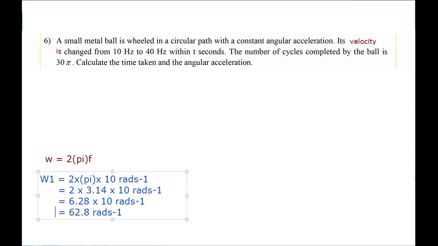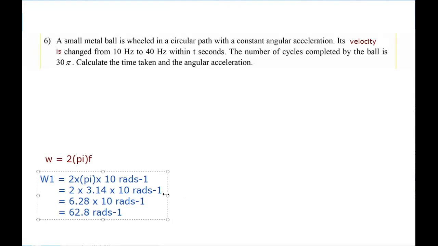I have explained that angular velocity can be given as frequency, and angular velocity can be given as time period. So here they have given the angular velocity as hertz. So we have to convert hertz into radian per second like this.